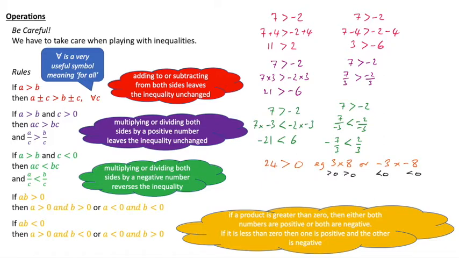We could split that into, say, 3 times 8, where they're both positive, or minus 3 times minus 8, in which case they'd both be negative. And then we can see that minus 24 being less than 0, our example would have to be minus 3 times 8, so negative times positive, or 8 times minus 3, a positive times a negative.